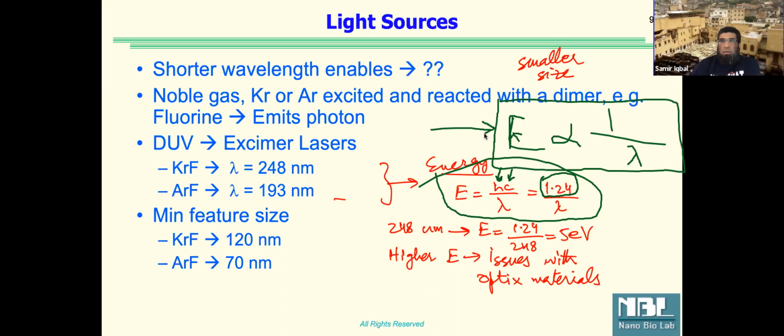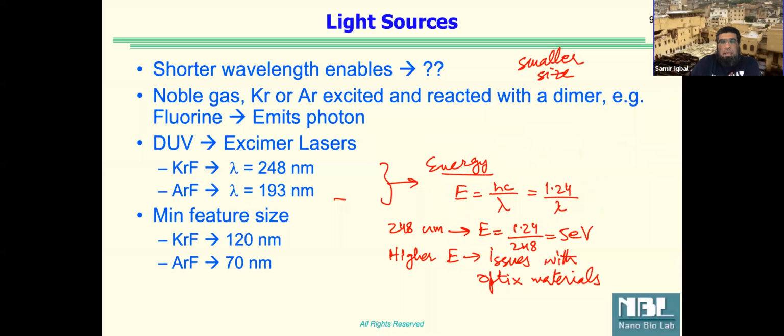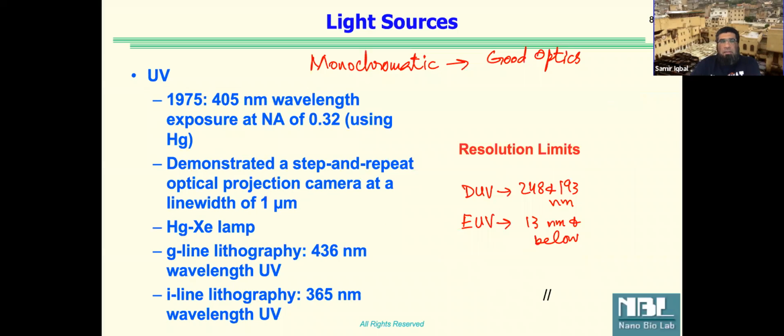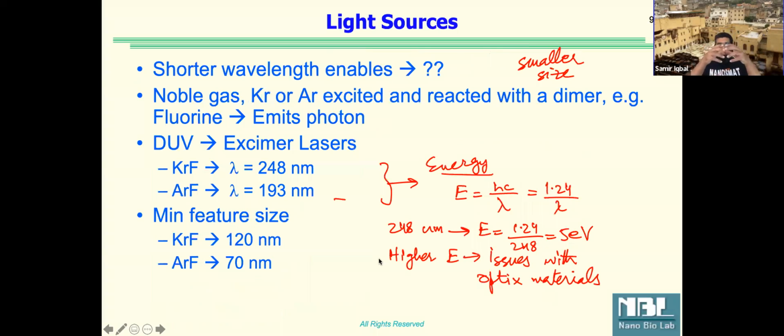Now, on the previous slide, I was saying that one way to make things smaller and smaller is to make the wavelength smaller and smaller, which we see as the trend here. But if you do that, the energy of the waves becomes too large. It becomes so large that the optics or lenses, like we have lenses in our glasses, start to have problems.